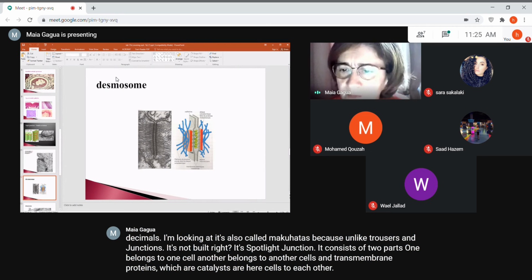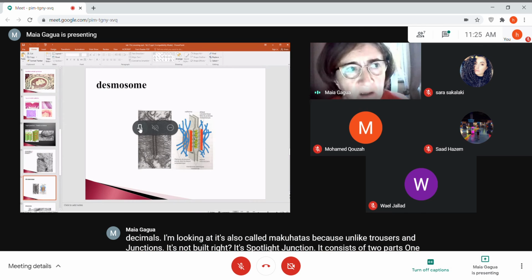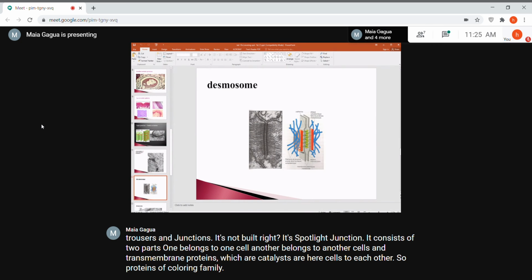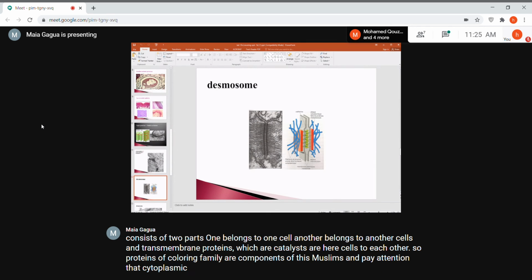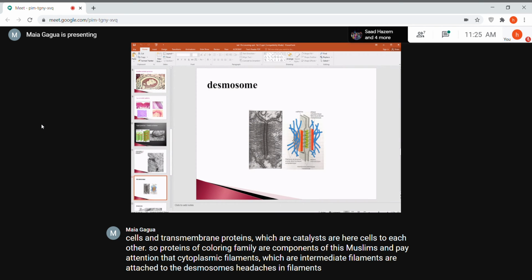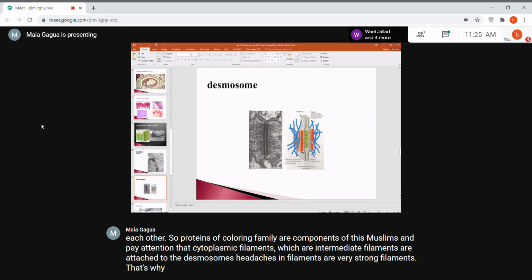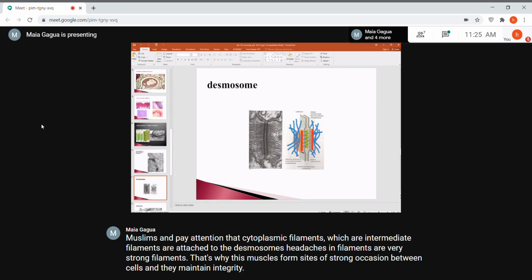So proteins of the cadherin family are components of desmosomes. And pay attention that cytoplasmic filaments, which are intermediate filaments, are attached to the desmosomes. Keratin filaments are very strong filaments. That's why desmosomes form sites of strong adhesion between cells, and they maintain integrity of the tissue.